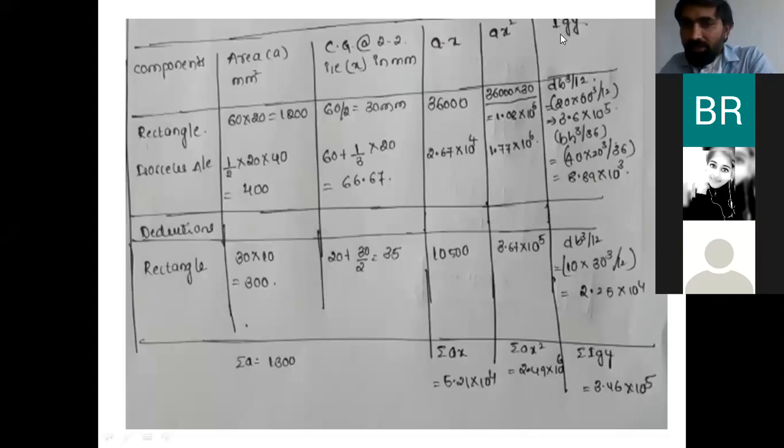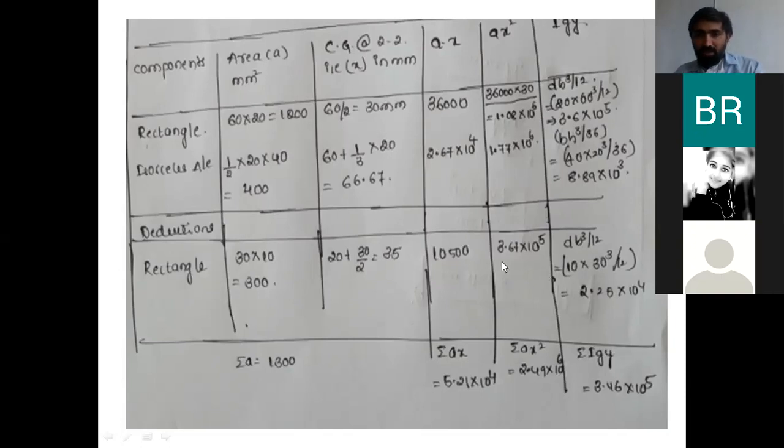I am repeating one more time, this I into Gy represents the moment of inertia of a body with reference to its own centroidal axis. Once you are able to find that, the rest of the problem is similar to what you have done in your centroid calculations, right?